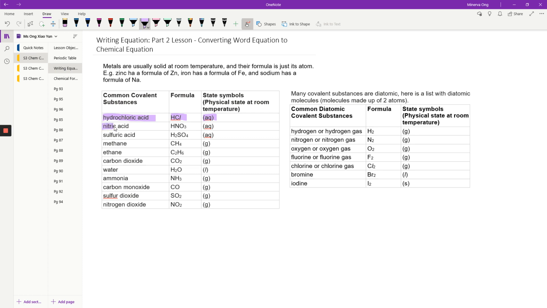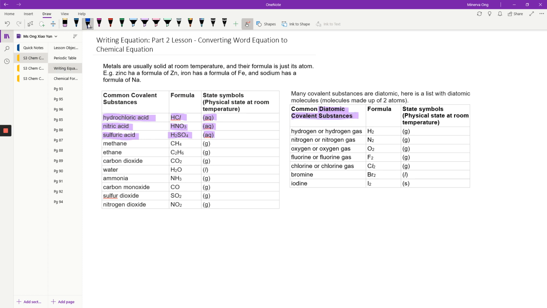These are special covalent substances that can form ions in water. The rest of the covalent substances are mostly not able to ionize in water, so they stay as covalent substances. Then we also have all the diatomic covalent substances that you learned in the previous chapter.